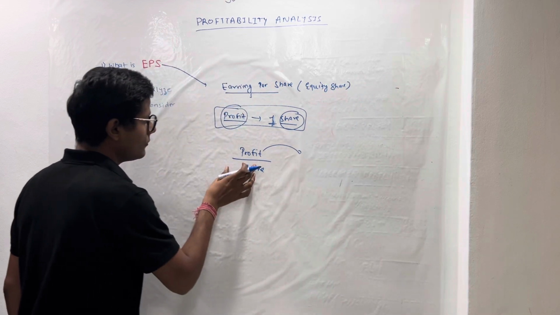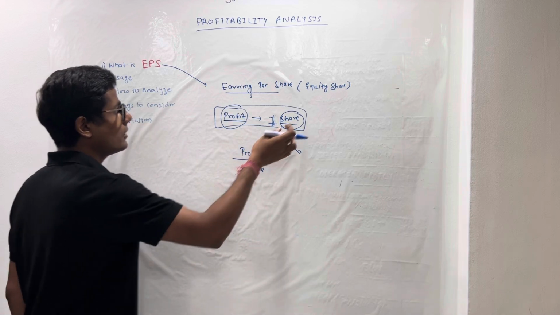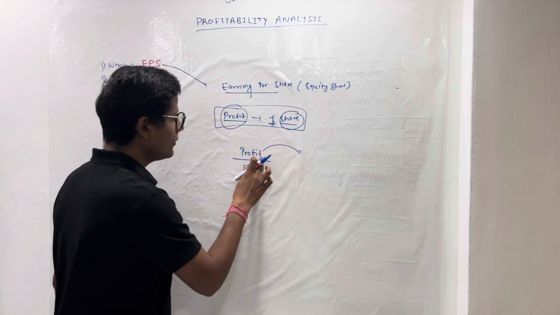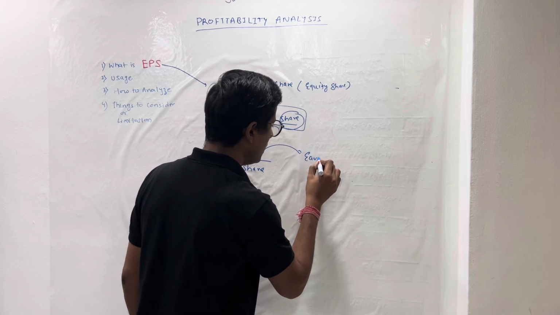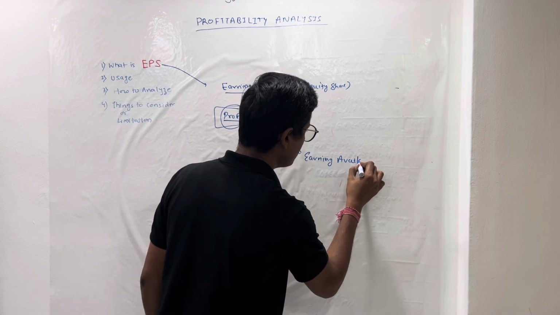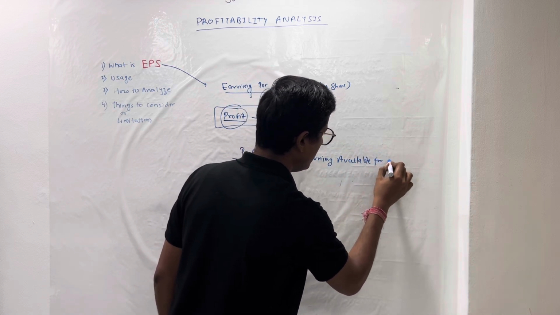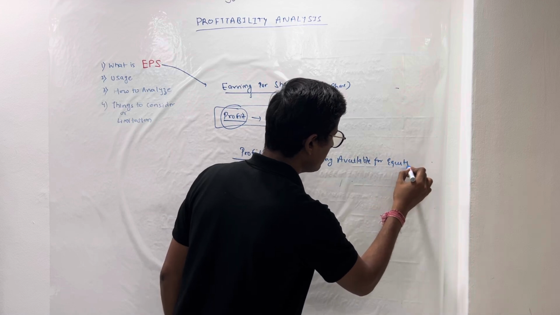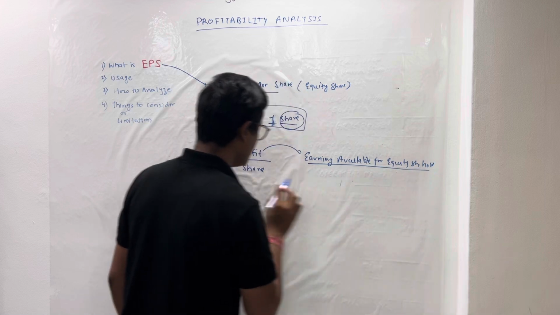So what do we mean by this profit? What kind of profit is it? Since we are talking about the equity share, this profit means profit available for equity shareholders, or earnings available for equity shareholders, divided by shares.